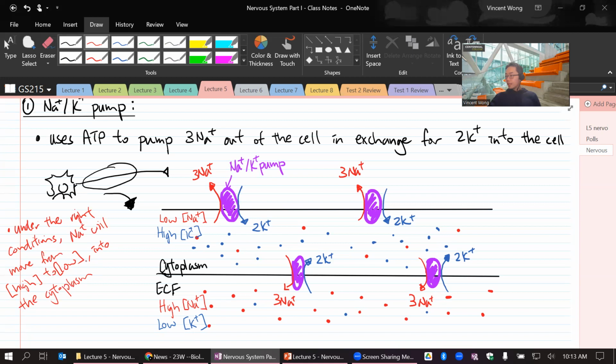Similarly, you can write the same for potassium. But it will be out of the cytoplasm.